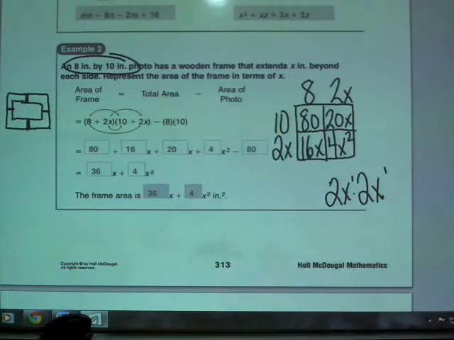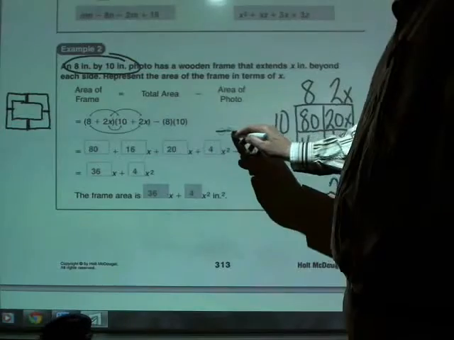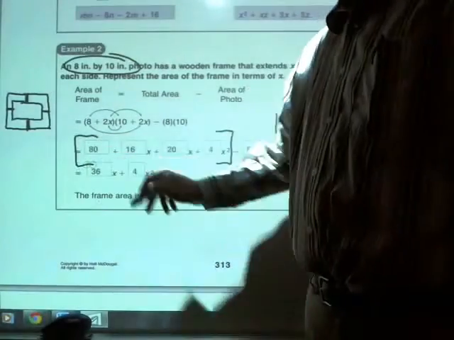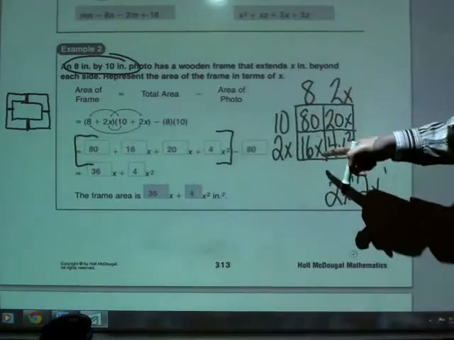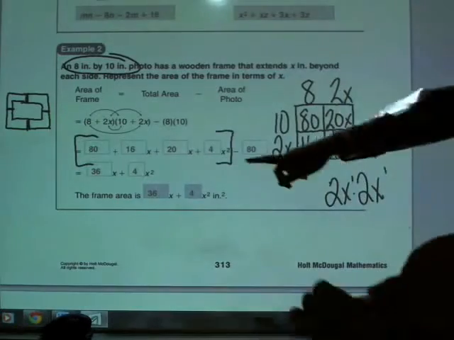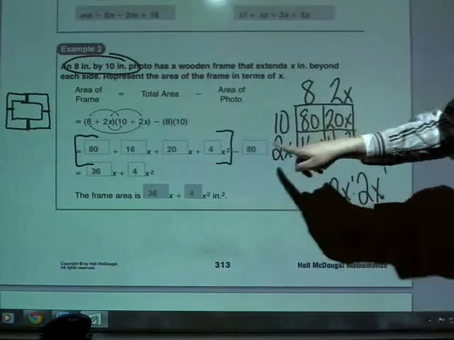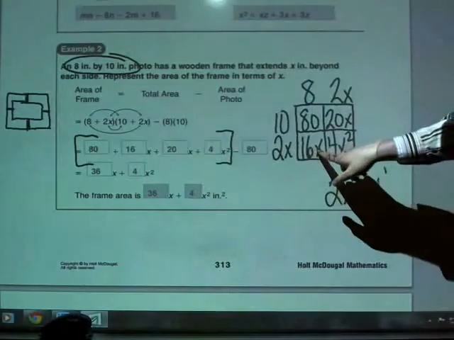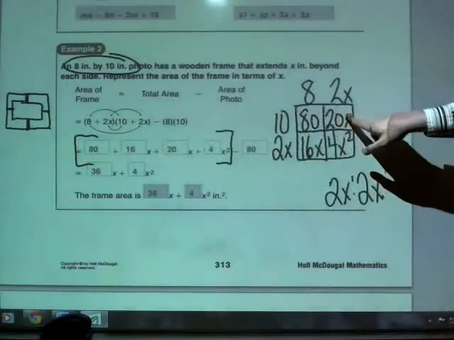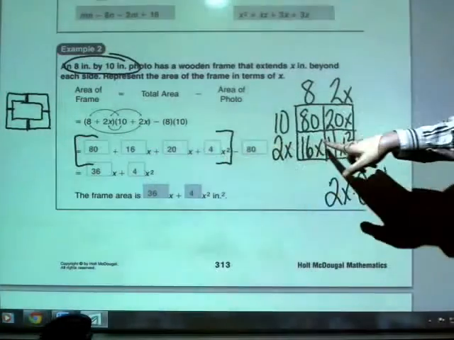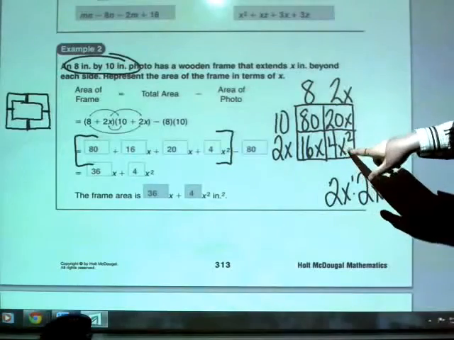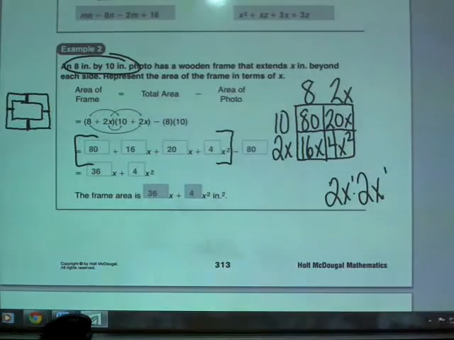And as you can see here in this line of work, what you see there that I just bracketed is the exact same thing that you see in your box. Your 80 being added to your 16x, being added to your 20x, being added to your 4x squared. Now, they've done some simplification here.